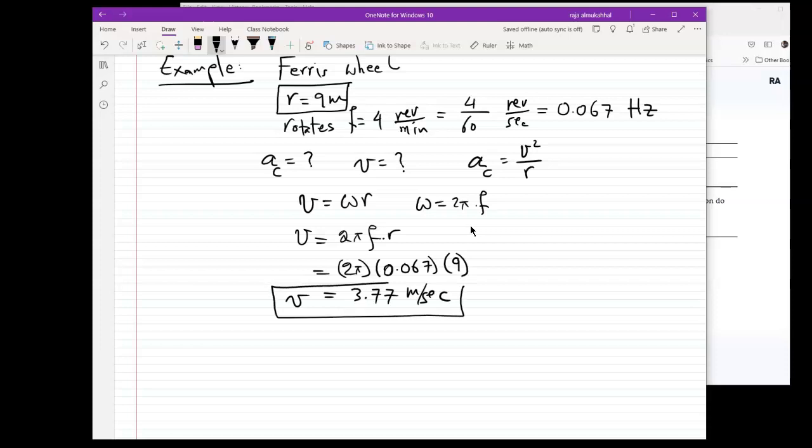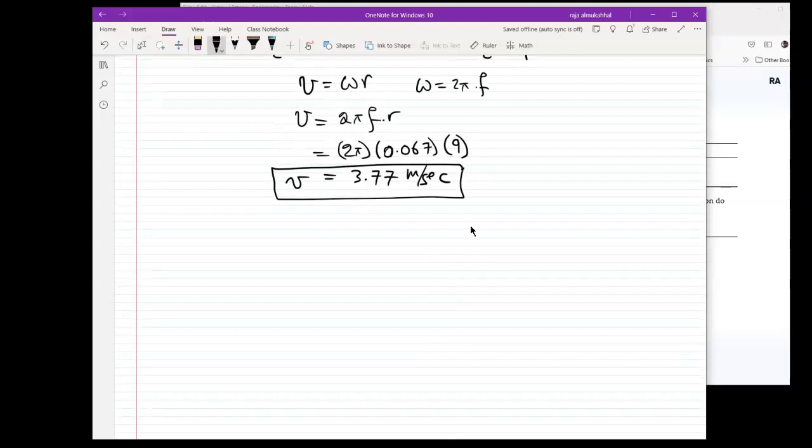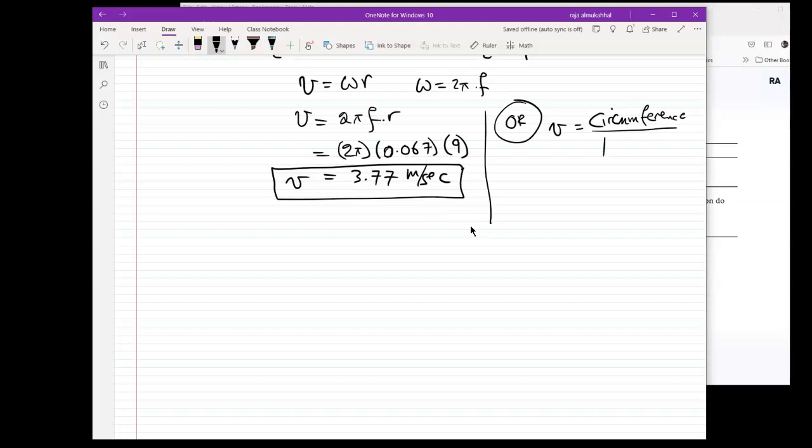Now, if you go back to your notes from the beginning of this lecture, we said that there is another method, that is, velocity equals circumference divided by time, or the period. Mathematically speaking, 2 pi r over tau.